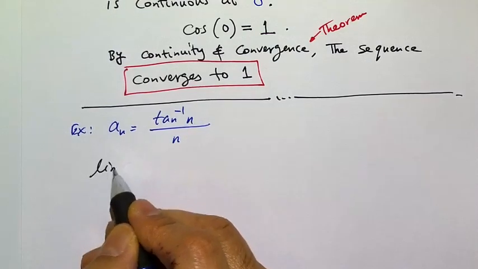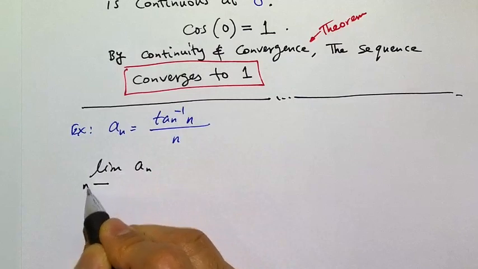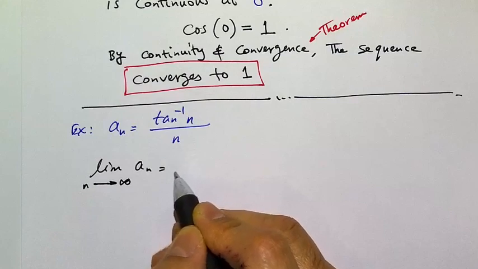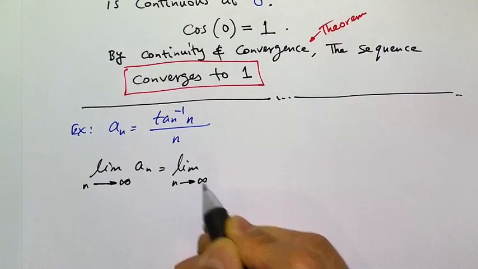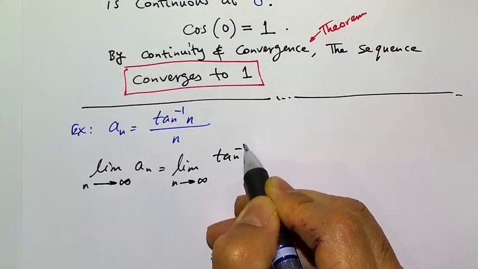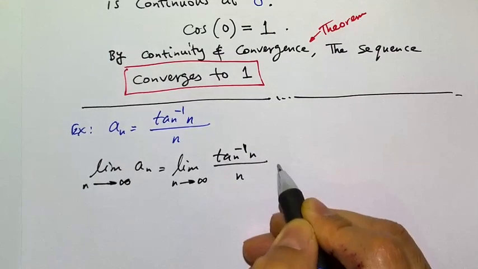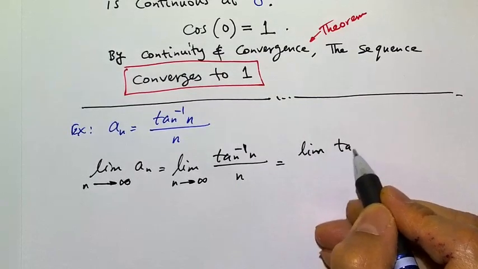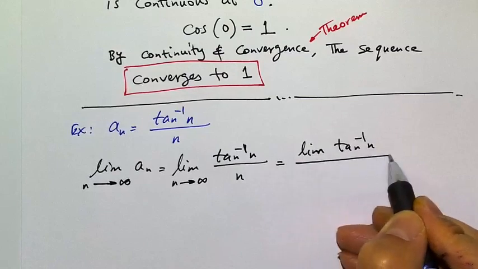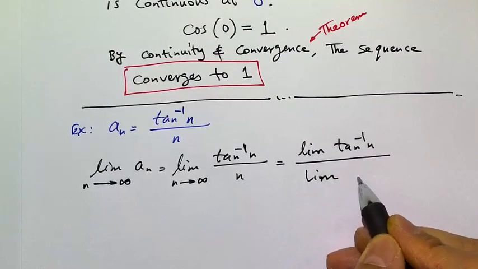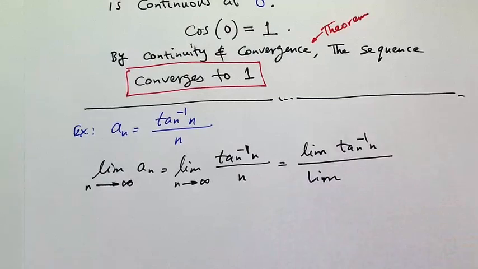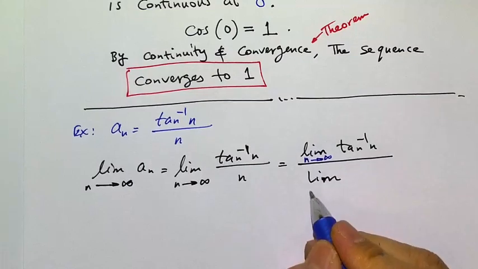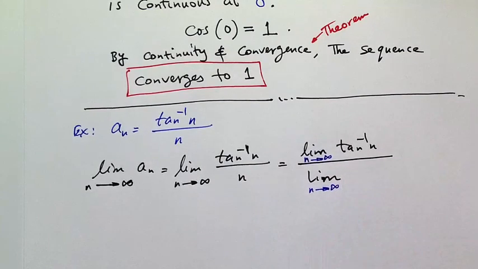So taking the limit of the sequence in this case, as n goes to infinity, we have this scenario, and then we can also break this limit up to the limit of the numerator divided by the limit of the denominator, as n goes to infinity, and here also as n goes to infinity of n.